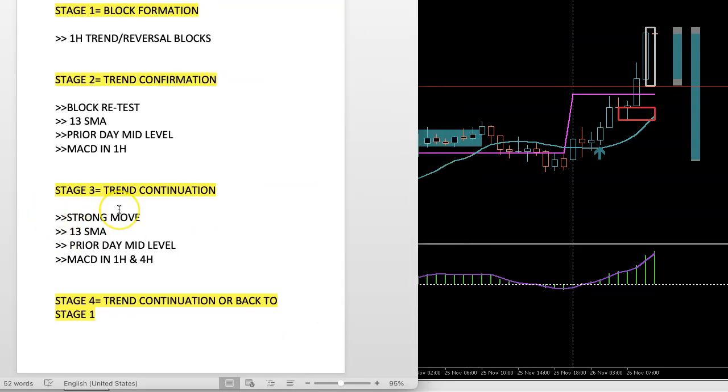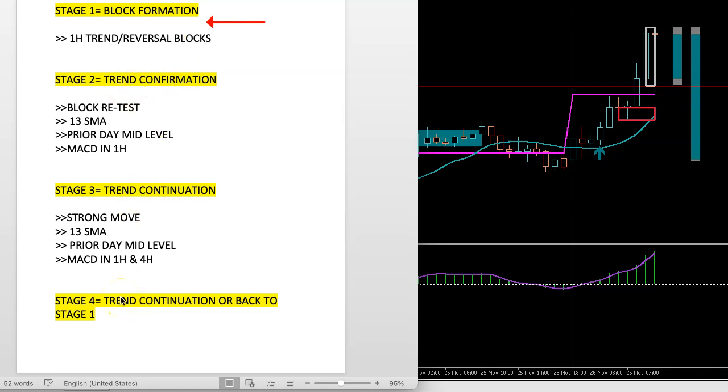Now, stage 3, which doesn't happen all the time, but it does happen, will be trend continuation. You have to notice how you can know that we have a trend continuation. Most of the time we get this, but there are times we get the blocks, stage 1, and then it was a fake block and it just reverses, and we don't get any of this.